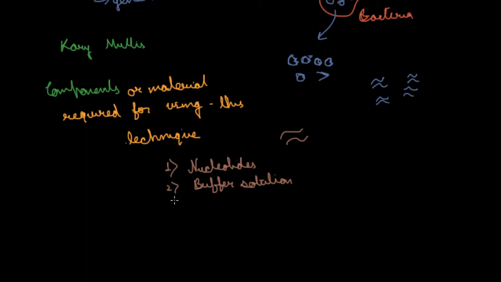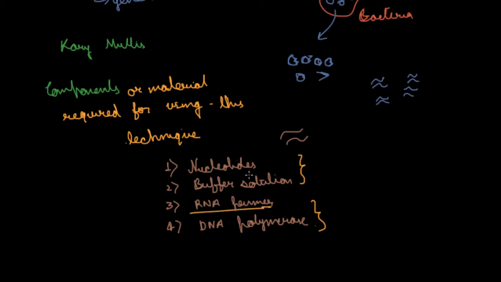And then we require a primer, RNA primer, and DNA polymerase. These two were obvious choices. So why do we require RNA primer and DNA polymerase? And you must be wondering which type of RNA primer this is.